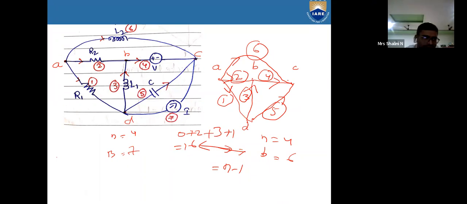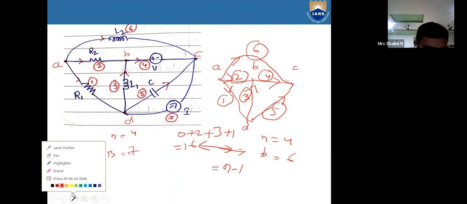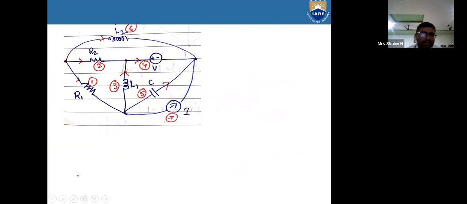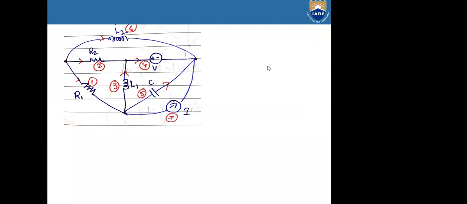Next, I am going to the complete graph. For that, once again I am drawing the graph.